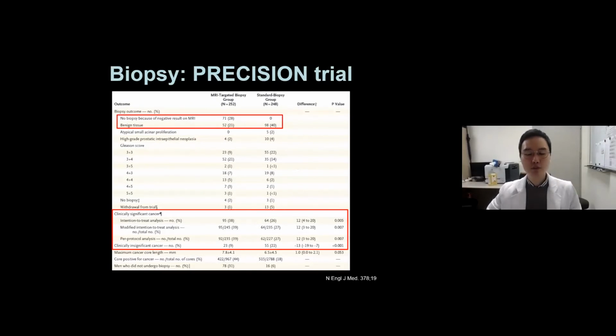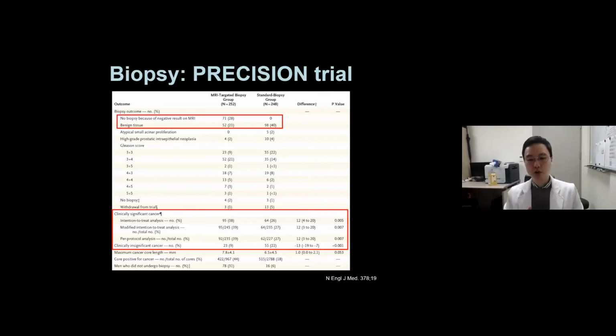In the PRECISION trial, 500 men with clinically suspected prostate cancer were randomly assigned across multiple centers to undergo MRI with or without targeted biopsy, or conventional TRUS biopsy.